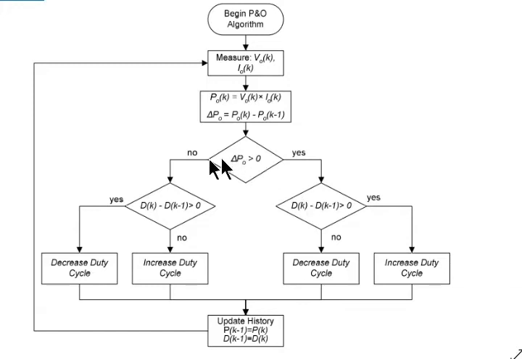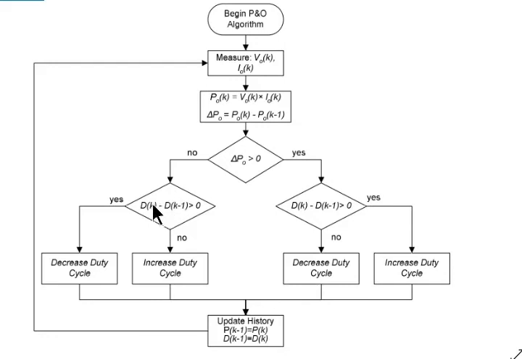Going to the opposite side, delta P is not greater than 0, so the power is being decreased. By either increasing or decreasing the duty cycle, our power is decreasing. So we should find whether we increased or decreased the duty cycle, and go in the opposite direction.